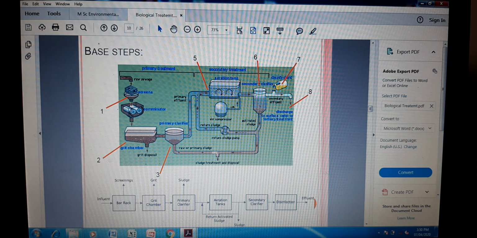So treated water goes toward the secondary clarifier, and this is again the return sludge, mixed again into the aeration tank. This is called the activated sludge process. In between these two, there is one return sludge pump.